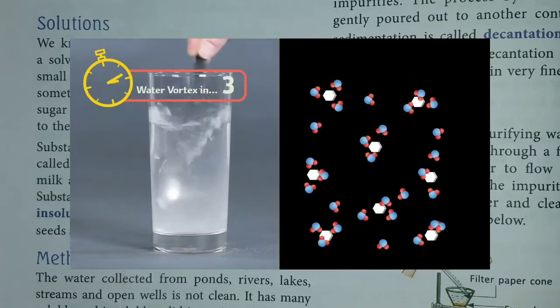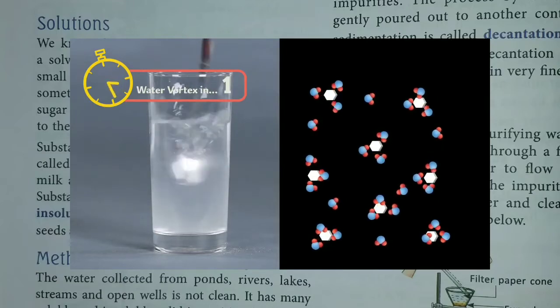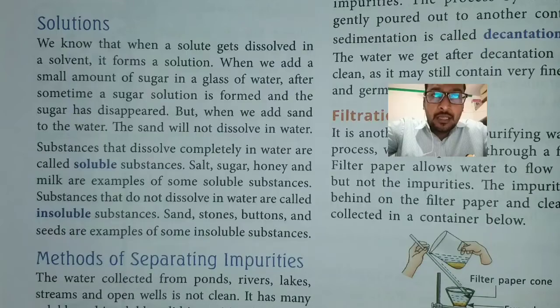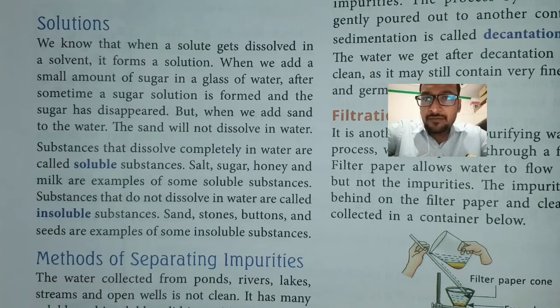So this is what you have to study, basic science of these solutions. Salt, sugar, honey and milk are examples of some edible and even soluble substances. Then substance that do not dissolve in water is called insoluble substance. Like sand, stones, buttons and seeds are examples of insoluble substance which will not dissolve in any liquid.